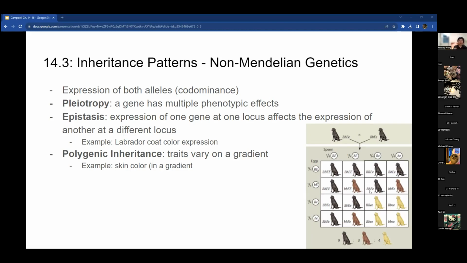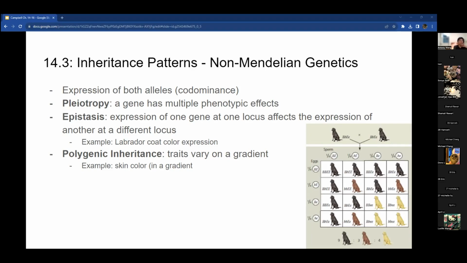But there's a different gene that will affect coat color as a whole. This gene codes for whether or not pigment is produced. And so if there's no pigment being produced, then there will be no coat color. So all the Labradors in this corner, they're all yellowish white. They have no pigment in their coats.